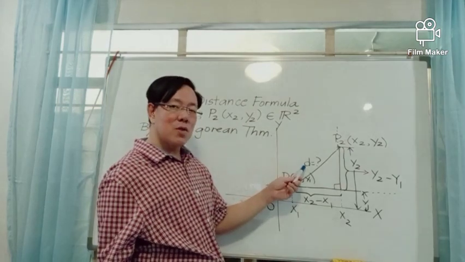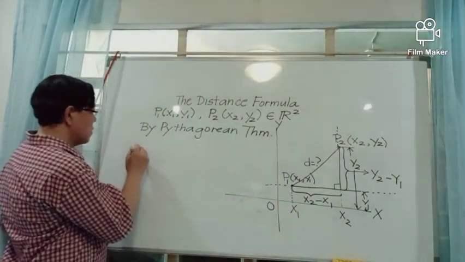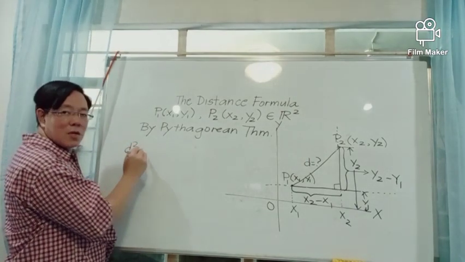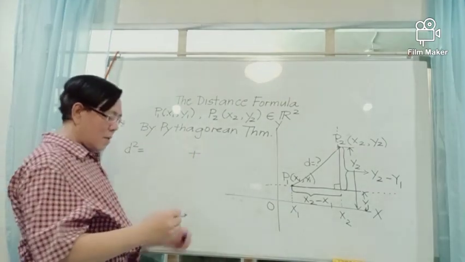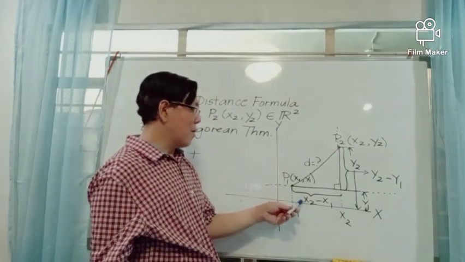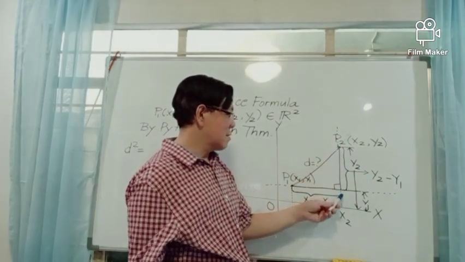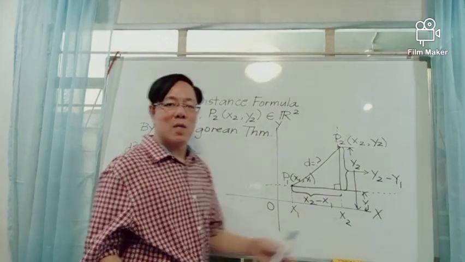By Pythagorean theorem, the square of the hypotenuse, we write D squared, is equal to the sum of the squares of this side and the length of this side. The length of this side is x2 minus x1.